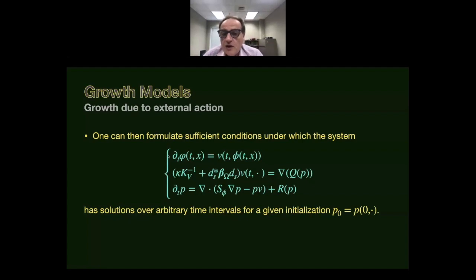But then you have always the fact that an ODE can explode in finite time, and this we cannot avoid, at least in our computations, unless we add this regularization with this KV inverse in this equation.